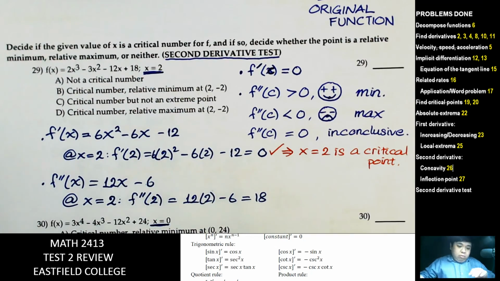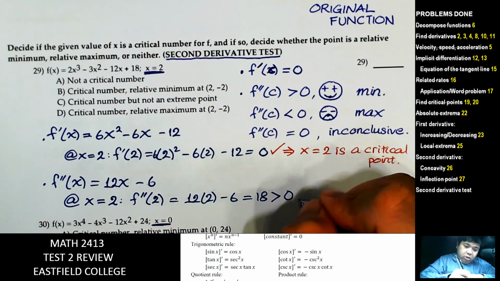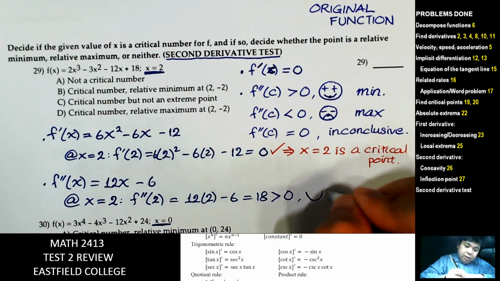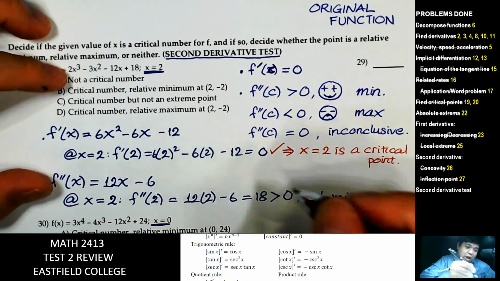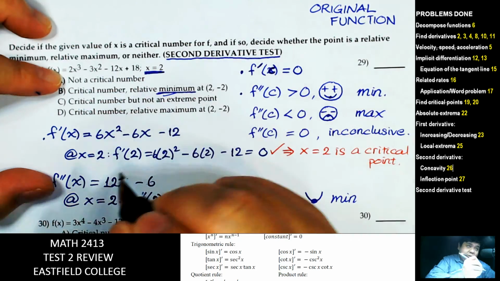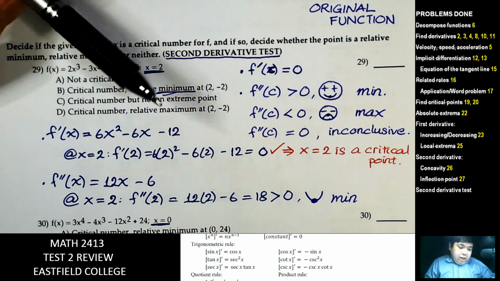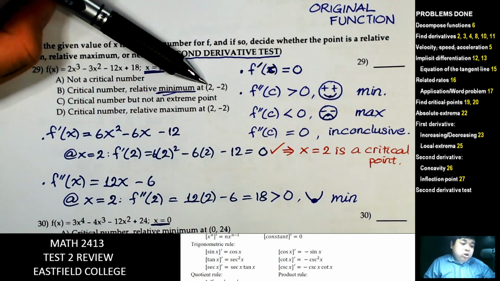And that is positive. Positive is concave up, so there will be a minimum. So we have a critical number and a minimum. So that will be the answer. Of course, so we know that at 2 it's going to be the minimum.